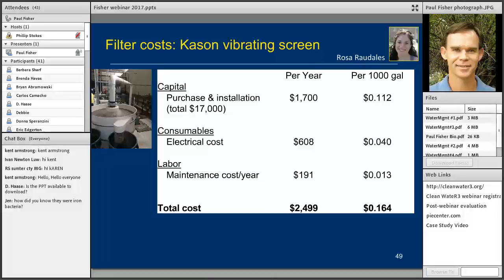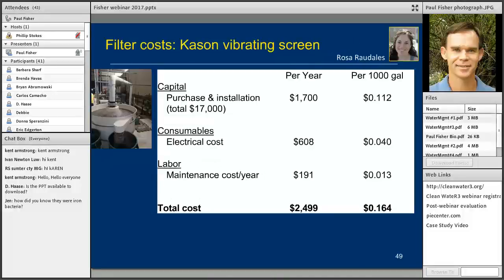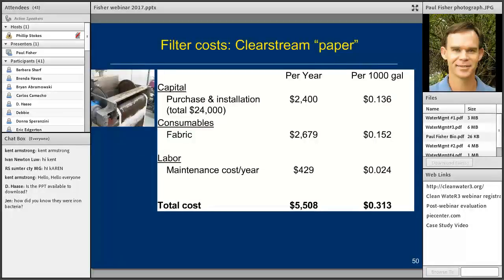Rosa Raudalius at the University of Connecticut did an economic analysis, and if we look at the vibrating screen filter, then if we just come down to the bottom line cost here, per 1,000 gallons, because of the only real consumables being electricity, it cost around 16 cents to treat 1,000 gallons.